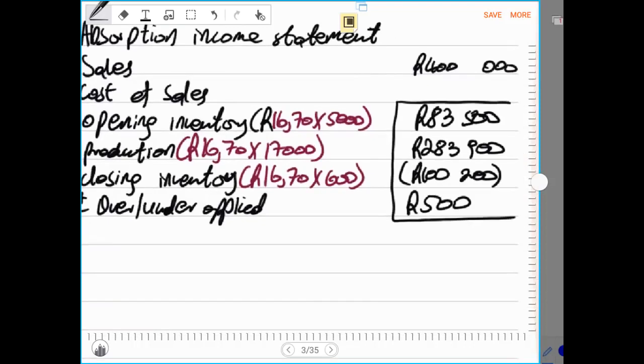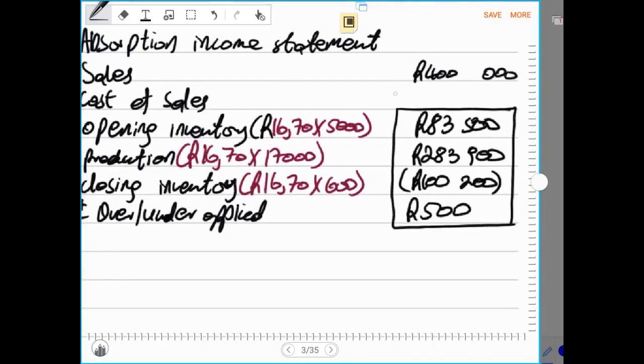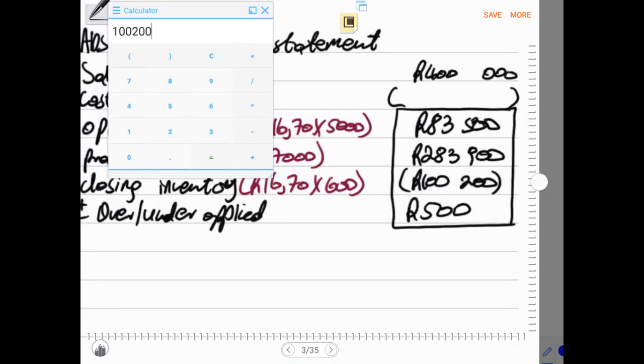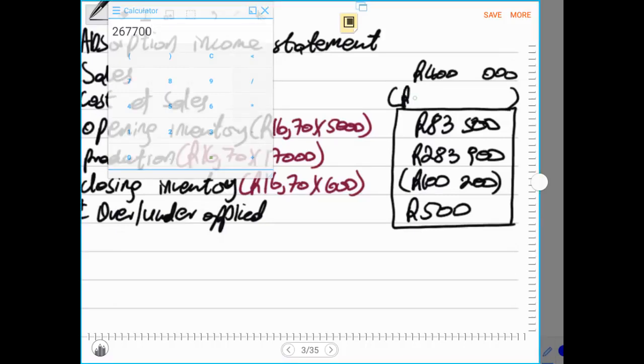This is what our cost of sales is made of when it comes to the absorption method. Then we have to calculate the cost of sales, and the cost of sales will be 83,500 plus 283,900 plus 500 minus 100,200, and this will give us 267,700.